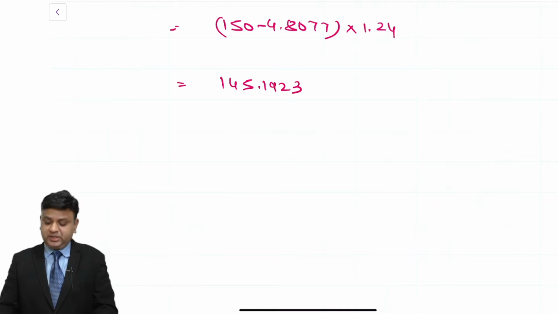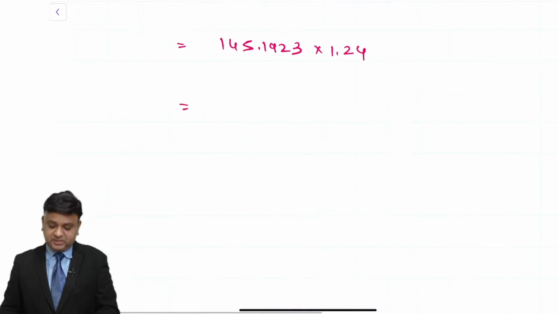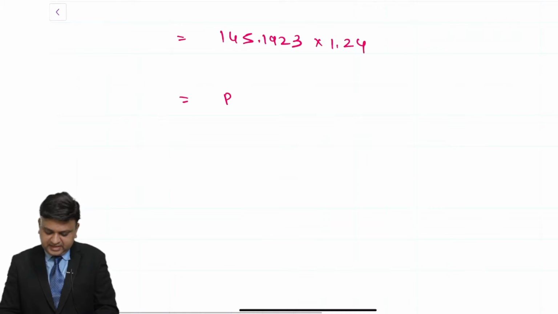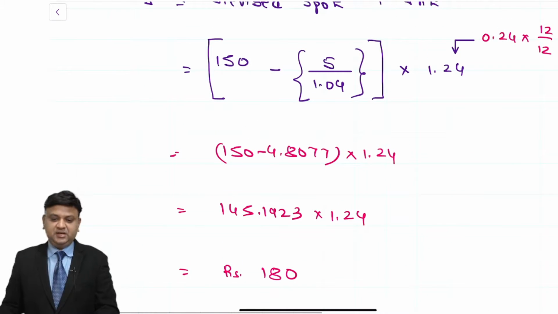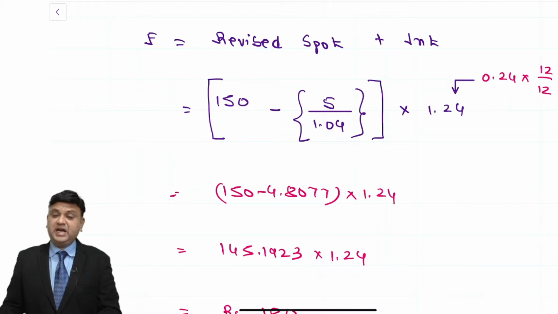On that you compute the interest at 24% for 1 year, or you can just do into 1.24, and the answer comes to 180.04, or we can say it is very near to 180. That is the way we can show the answer of the question in examination, which is absolutely acceptable.